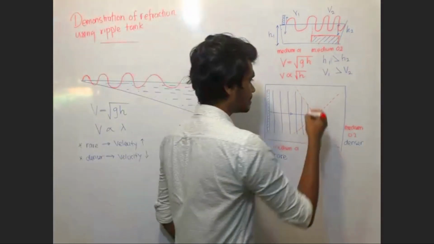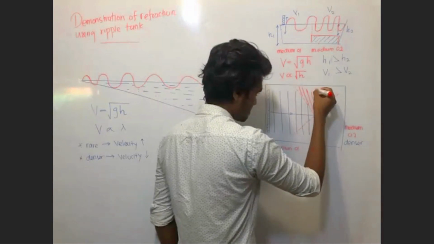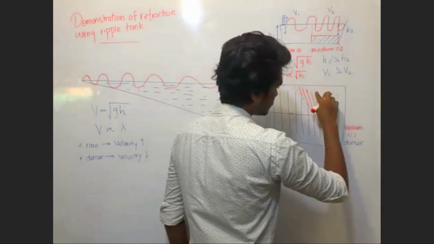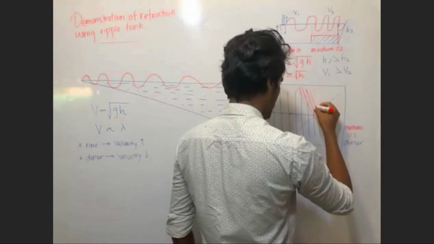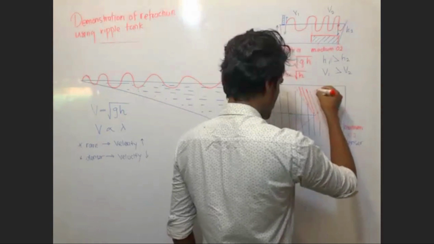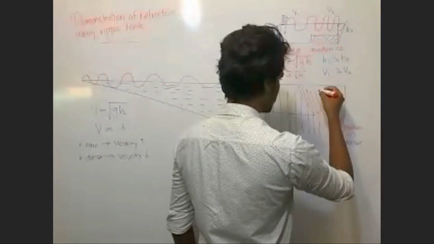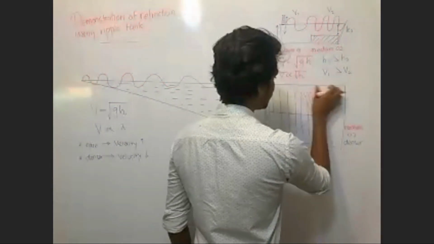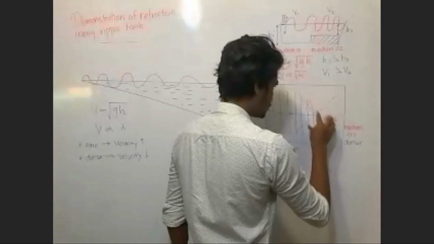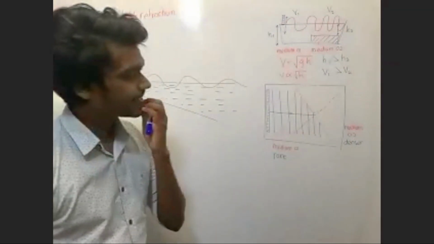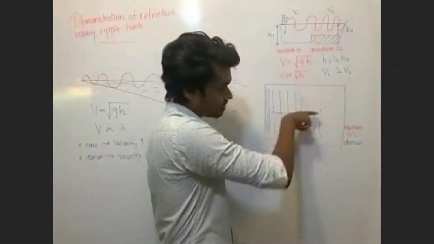Now actually what happens is, this is not how you start to draw the refracted wavefronts. Sorry. So this is the normal. This is the incident ray.